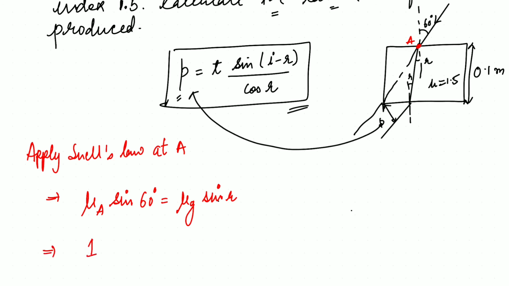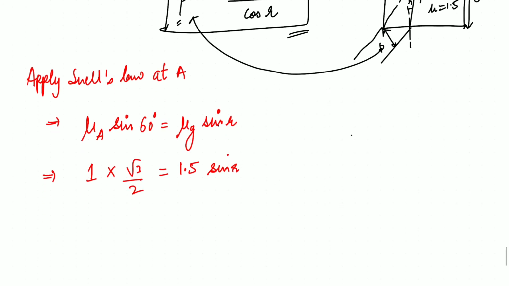Nu of air is basically 1, sine 60 is √3/2, equal to nu of glass, which is 1.5, times sine R. So sine R is half into √3 divided by 1.5.